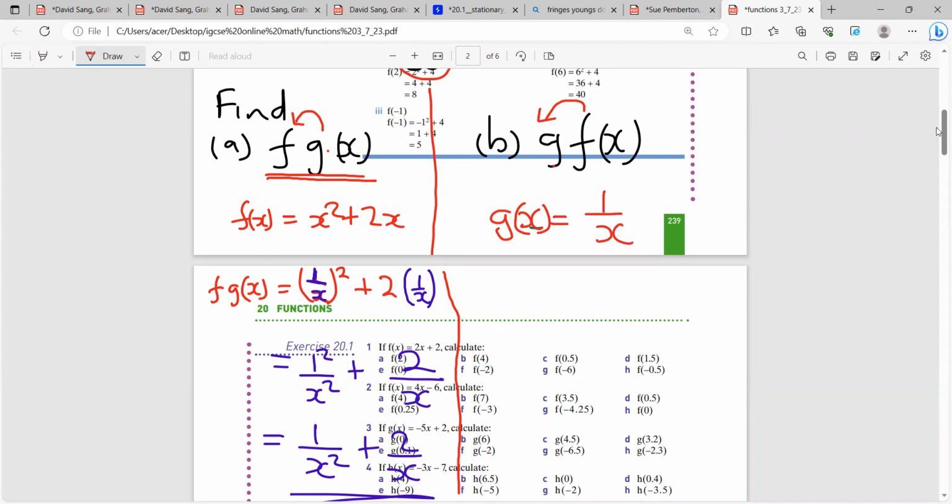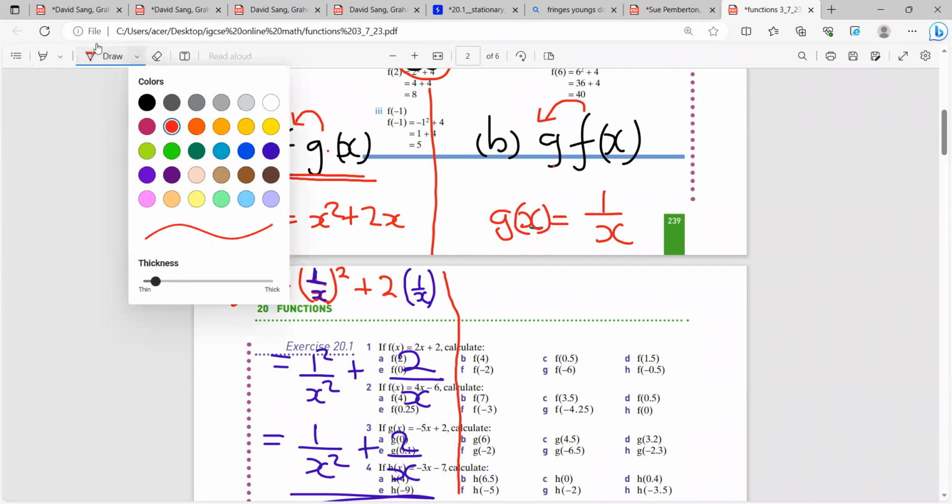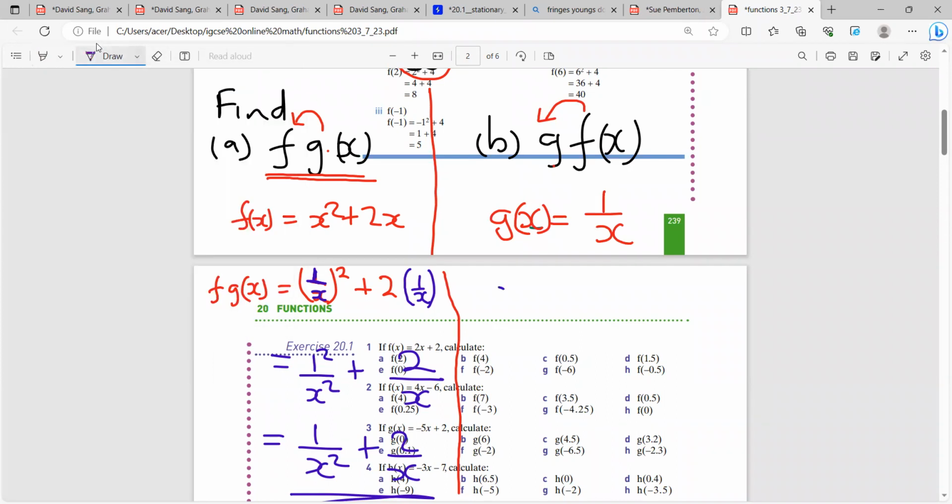But we need to put f in this g of x, isn't it? Yes, sir. So this is what we're going to do. g of f of x is going to be 1 divided by, and then in place of this x, we're going to put our f of x, isn't it? The child. Yes, sir.